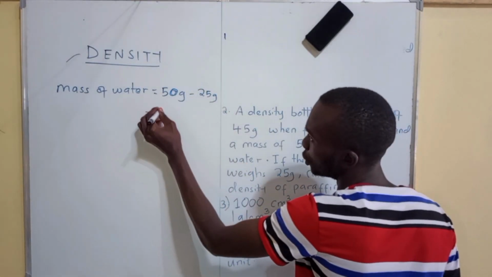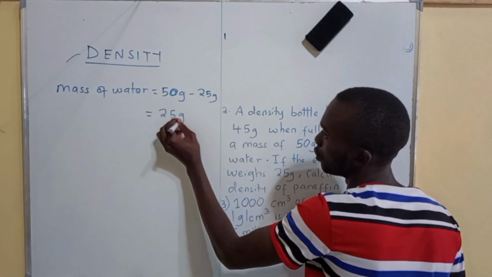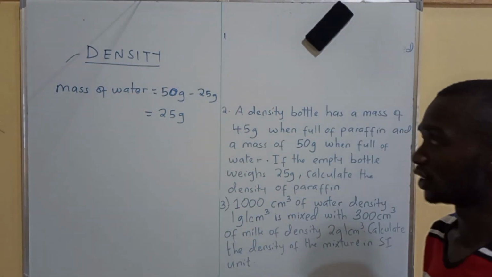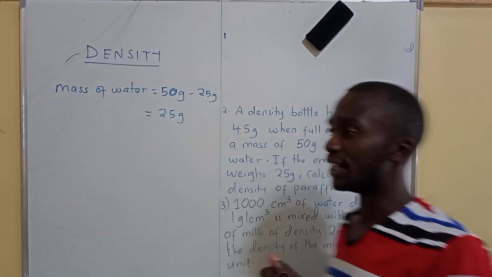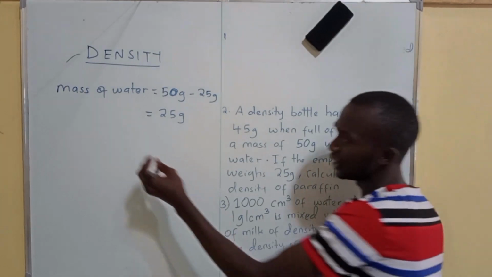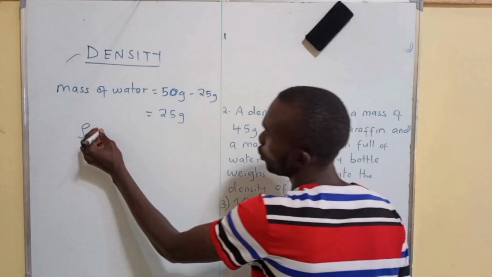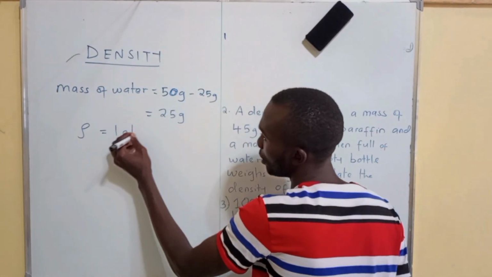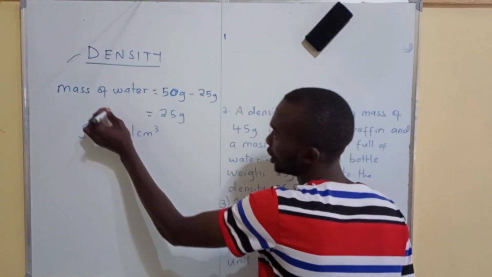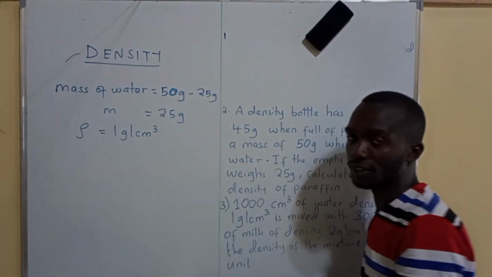So this gives you 25 grams as the mass of water. We have the mass of water and we have the density of water. The density of fresh water is always 1 gram per cubic centimeter, and the mass of water is 25 grams.